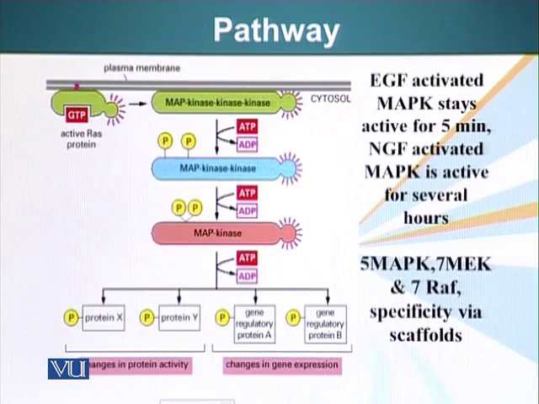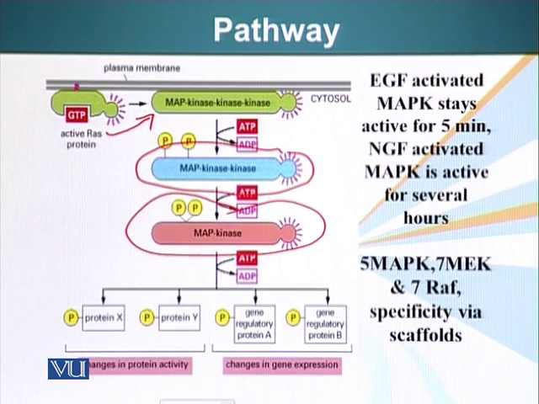I would like to mention here, it is important that you know that there are alternative names for that system. For example, in some cases, RAF is called MAP kinase kinase kinase, because ultimately it is phosphorylating a protein that will phosphorylate MAP kinase. And MEK is called MAP kinase kinase, and MAP kinase is, of course, MAP kinase.